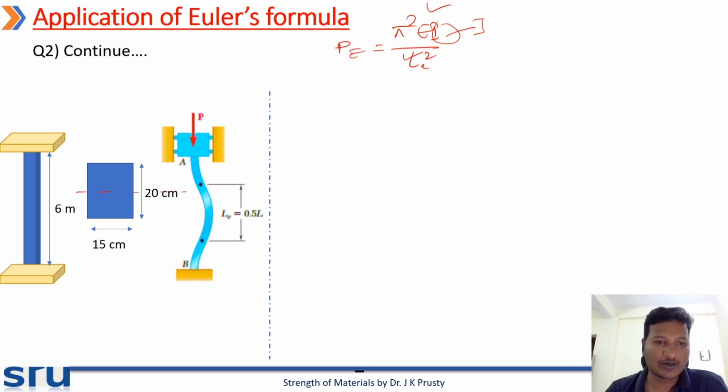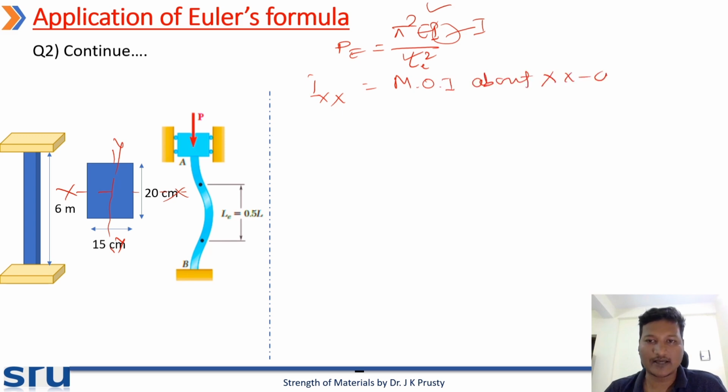If you draw the x-axis here and y-axis here, first we calculate Ixx, that is nothing but your moment of inertia about x axis. What is the formula for this?